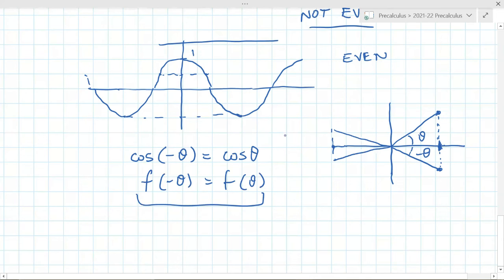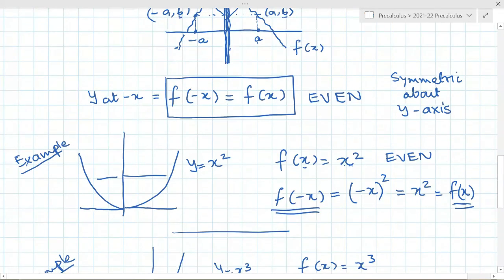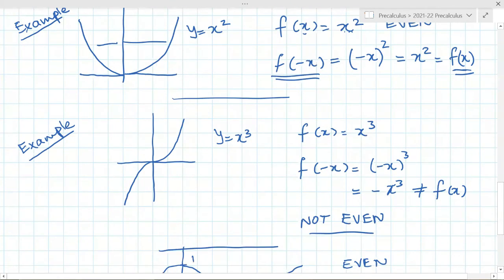So that tells you it's even. So cosine theta is even. And we also saw quadratic is even, cubic is not even. And not every quadratic would be even, because if you shift it over to the right, then it won't be a reflection anymore. So that's not going to work.